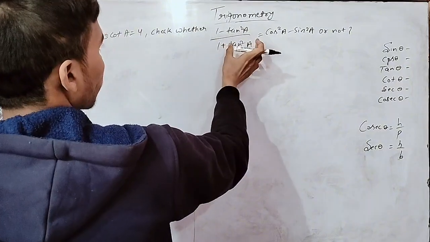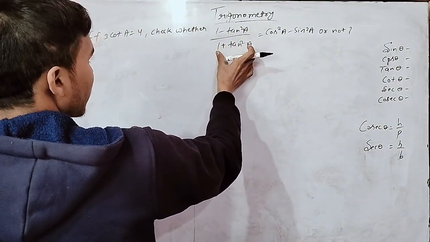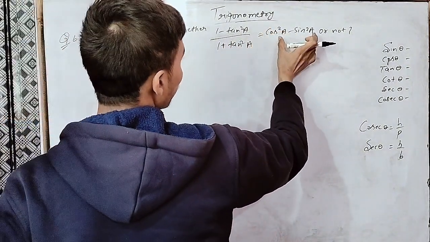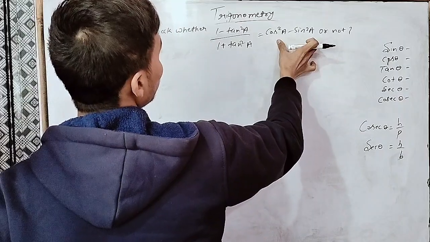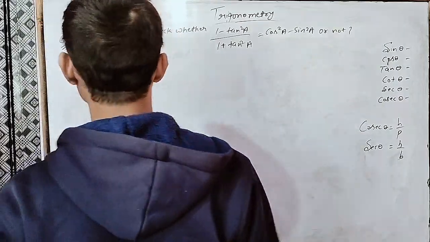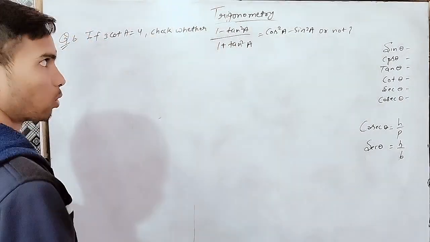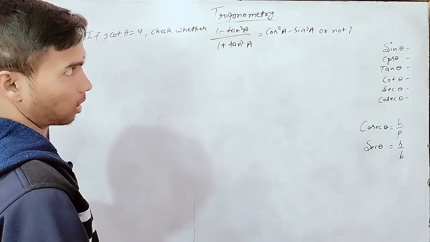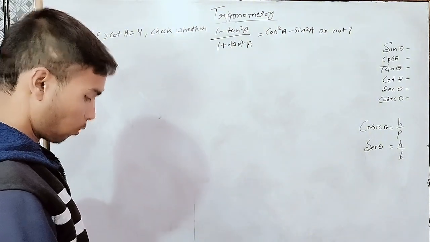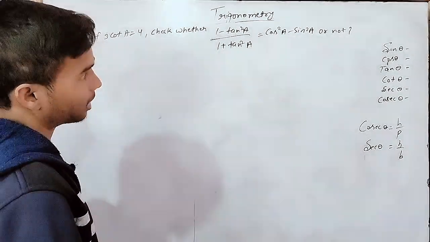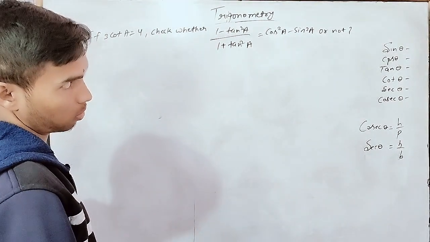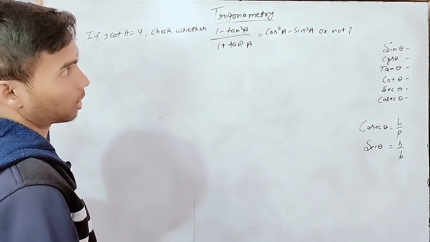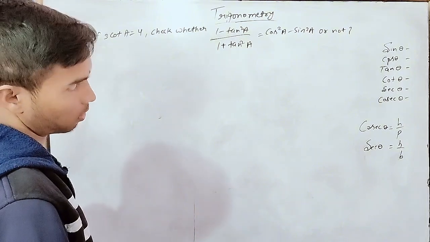The question is saying whether the value of this side is equal to the value of this side, yes or no. By putting the value of each trigonometric ratio, we will be able to find out whether both sides are equal or not.